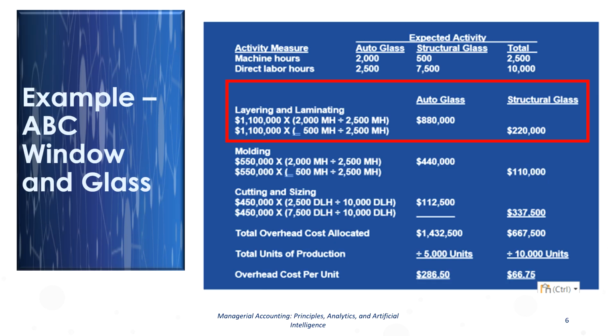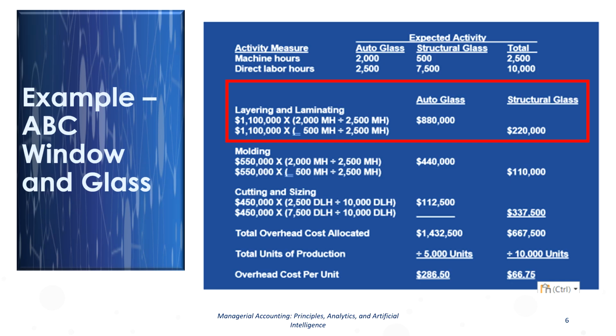We then use those values to apply overhead costs to each product for the various activities. So with layering and laminating, auto glass gets 2,000 divided by 2,500 hours worth of $1.1 million. Structural glass takes $1.1 million times the 500 machine hours divided by the 2,500 total machine hours for an allocation amount of $220,000.